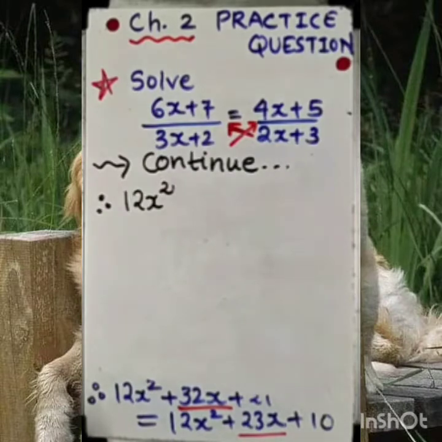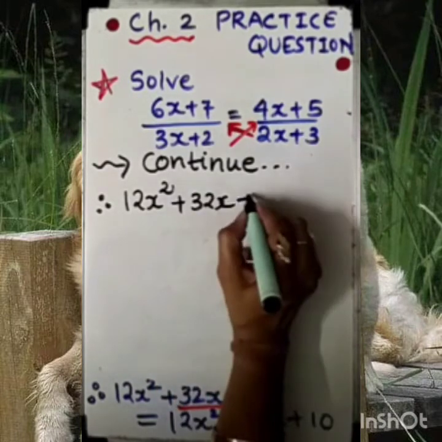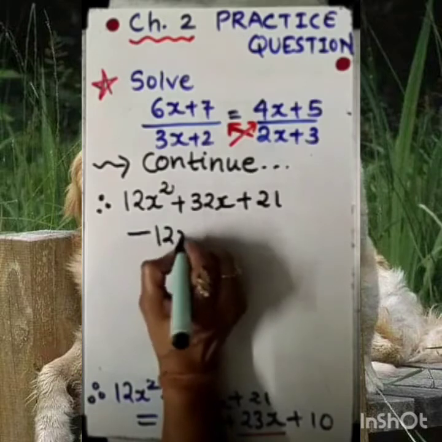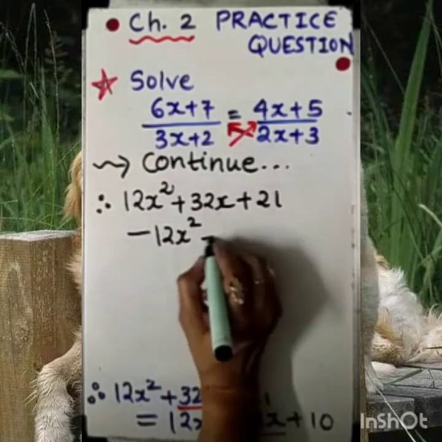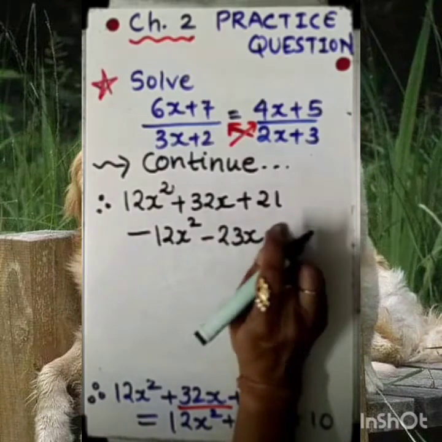Let's continue the same question. You can see on your screen this 12x square plus 32x is already with us, plus 21. I am bringing these three terms to this side. So it is minus 12x square, then minus 23x, and it is plus 10. It is becoming.